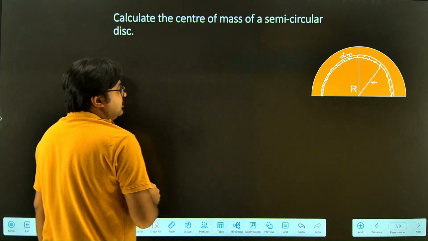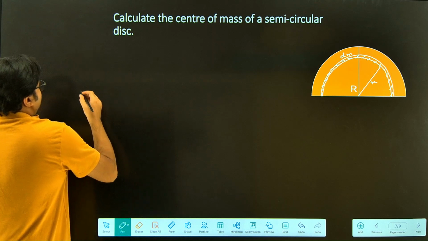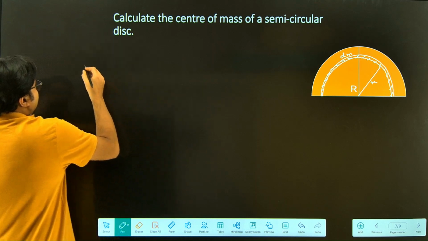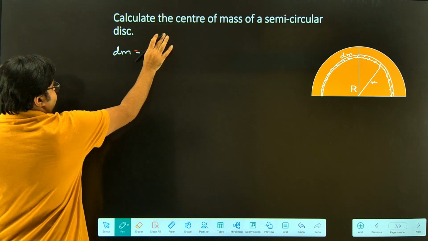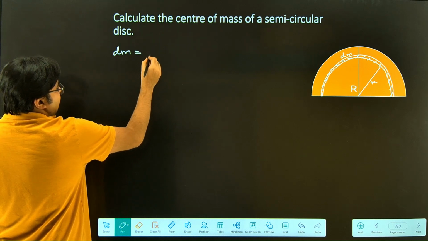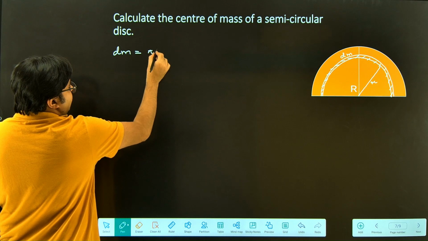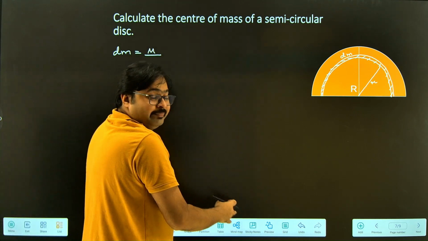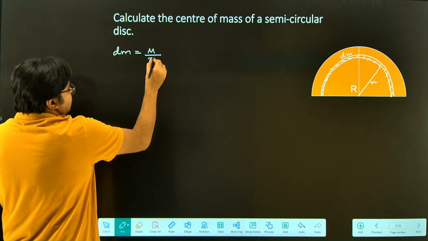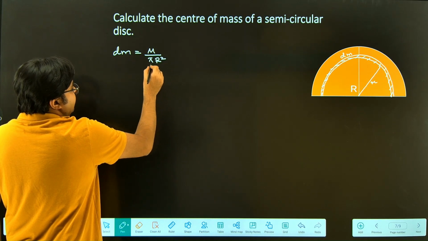When that is the situation, you ask me what is dm in this case. Dm would simply be equal to the total mass, which is m, divided by the total area, which is pi r square divided by 2.